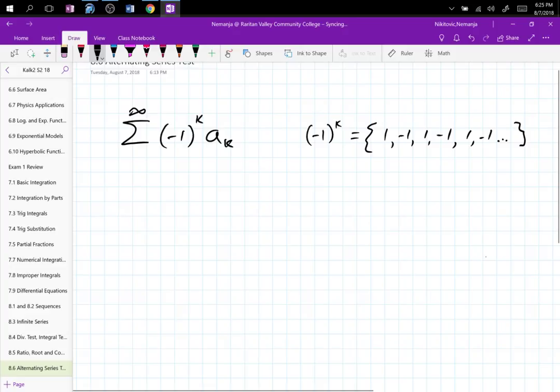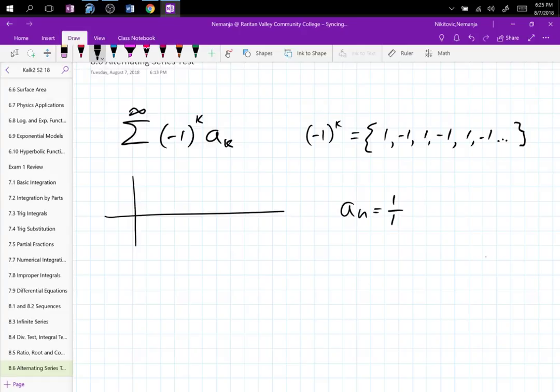If you have a sequence a_n equals 1 over n, the sequence will just have the dots approaching the number line, going like this forever.